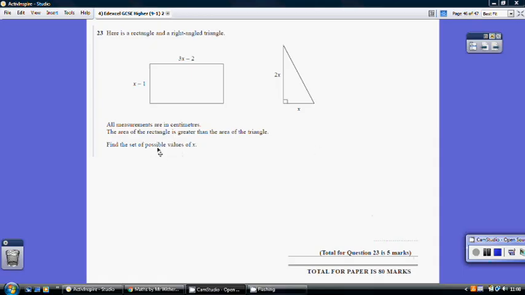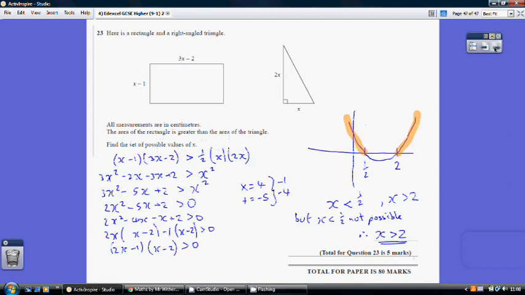Question 23. So we're told that the area of the rectangle is greater than the area of the triangle. Find the set of possible values of x. So the area of the rectangle is obviously base times height. So x minus 1 times 3x minus 2.